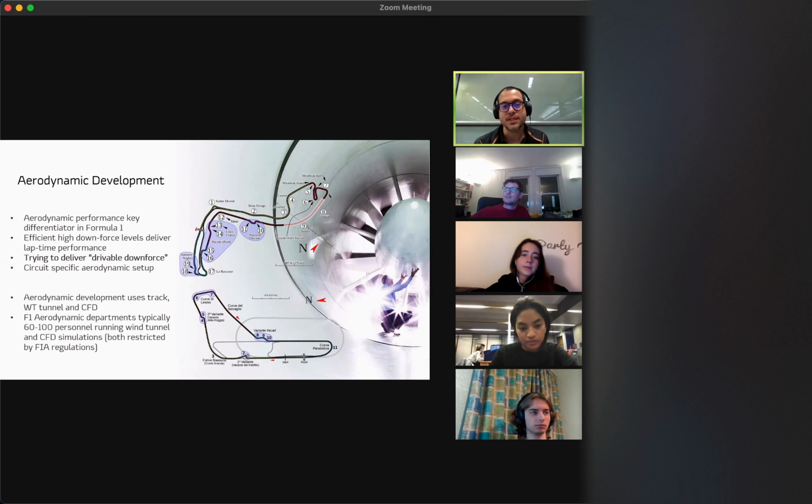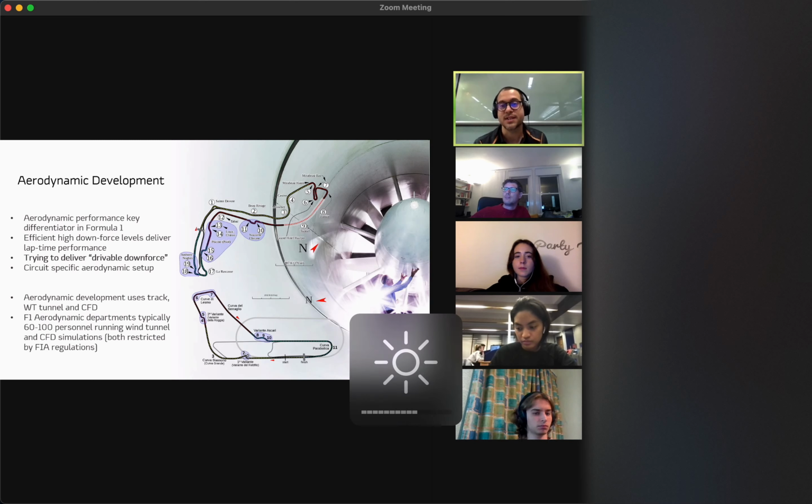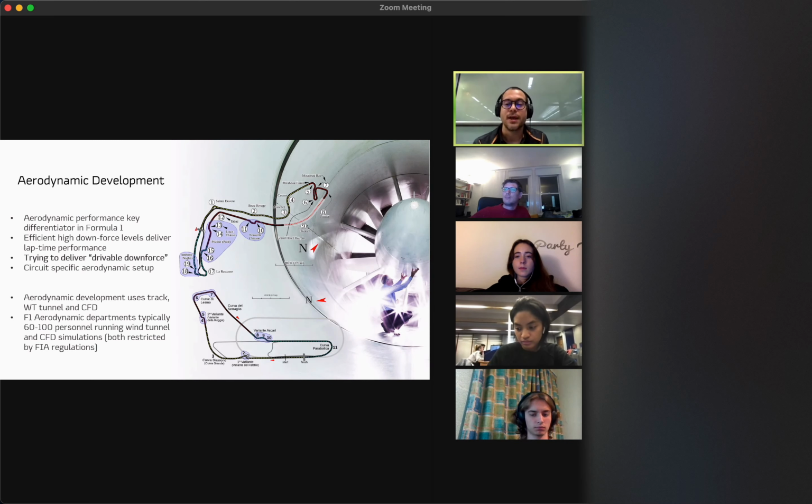And how we achieve an aerodynamically efficient car, obviously we use 3 environments. First and foremost, you have the track where you are judged about your performance. But the conceptual development of a Formula One car is done in a wind tunnel and in a CFD environment.